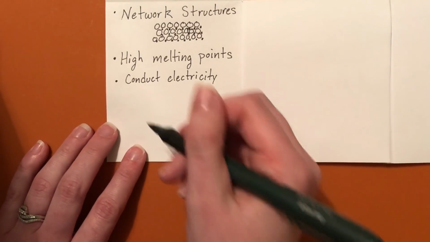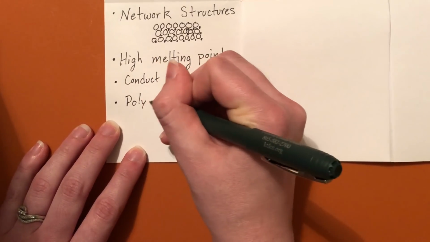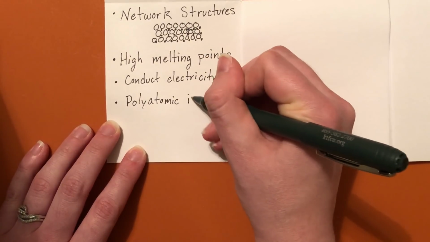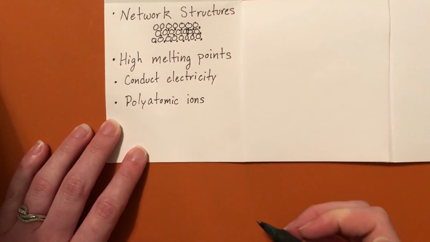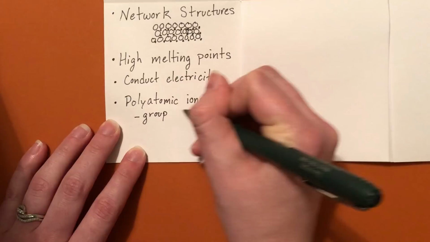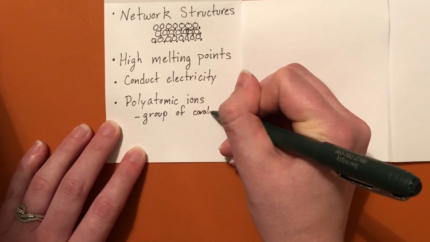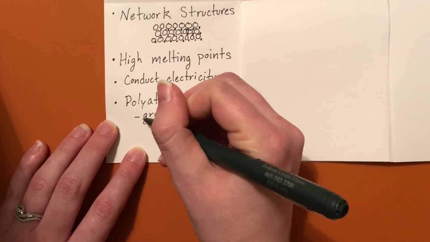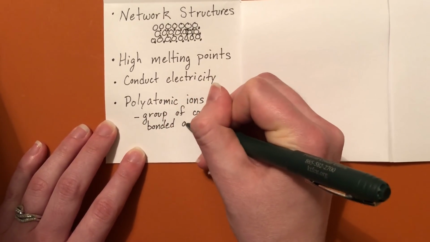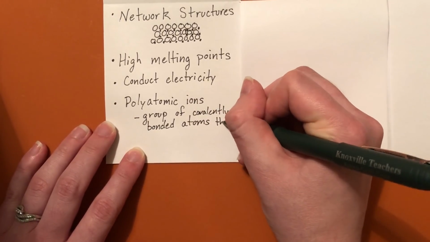And the final piece is, with our different ions, we've also talked about polyatomic ions. Okay, and we said that polyatomic ions were a group of covalently bonded atoms that act as one ion.